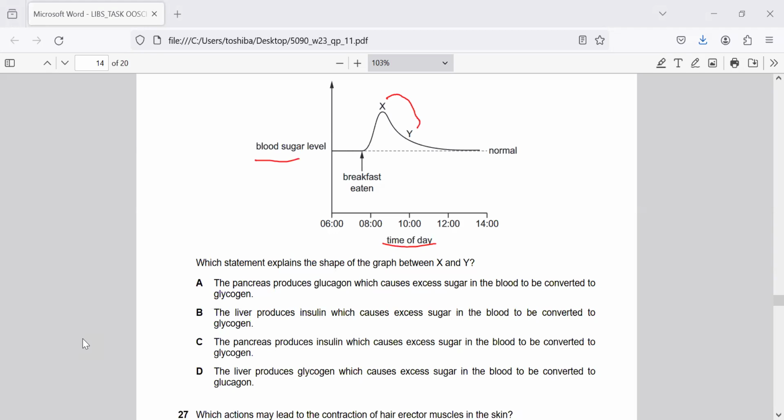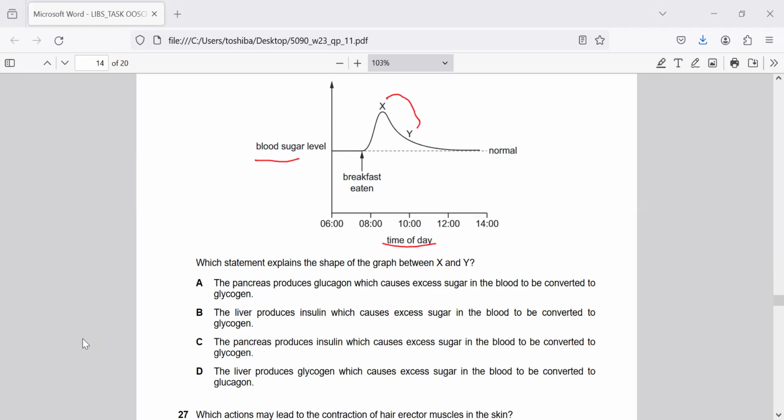Statement A says that the pancreas produces glucagon, which cause excess sugar in blood to be converted to glycogen. Option B says the liver produces insulin, which causes excess sugar in blood to be converted to glycogen. Option C says that the pancreas produces insulin, which causes excess sugar in the blood to be converted to glycogen.